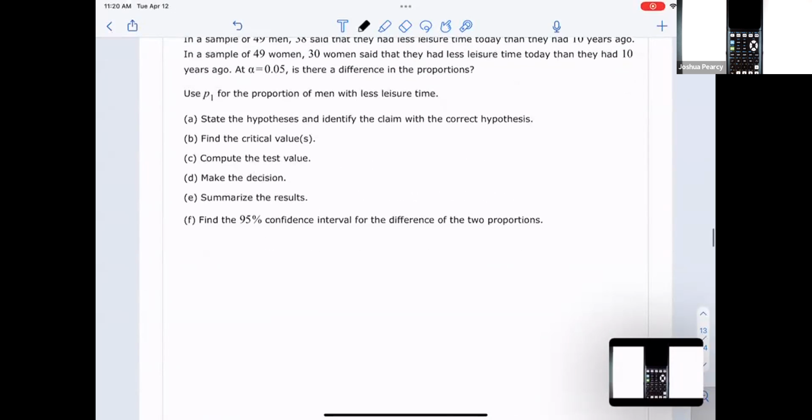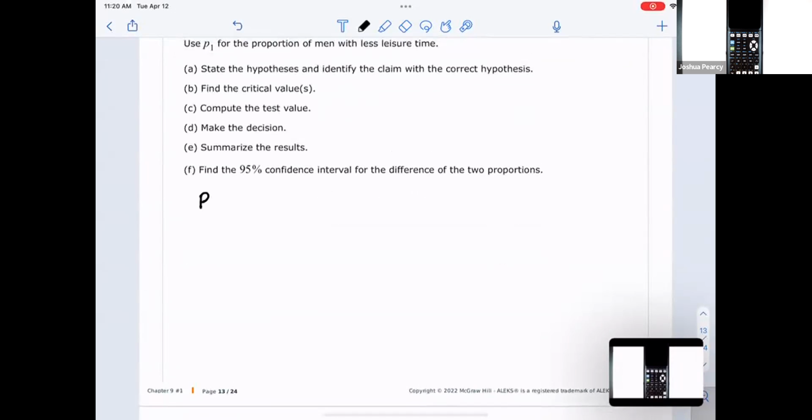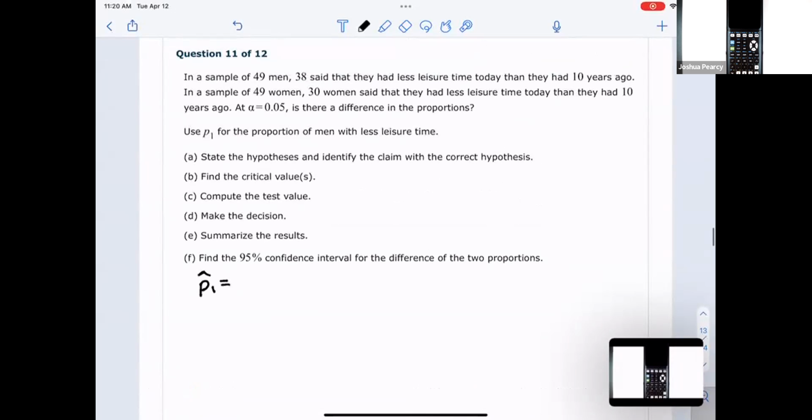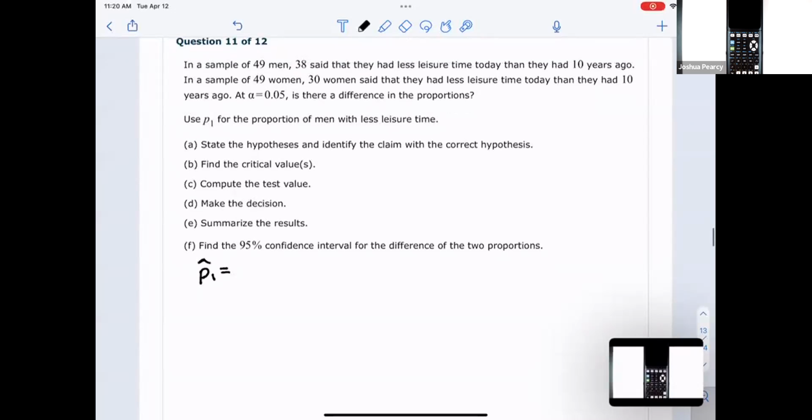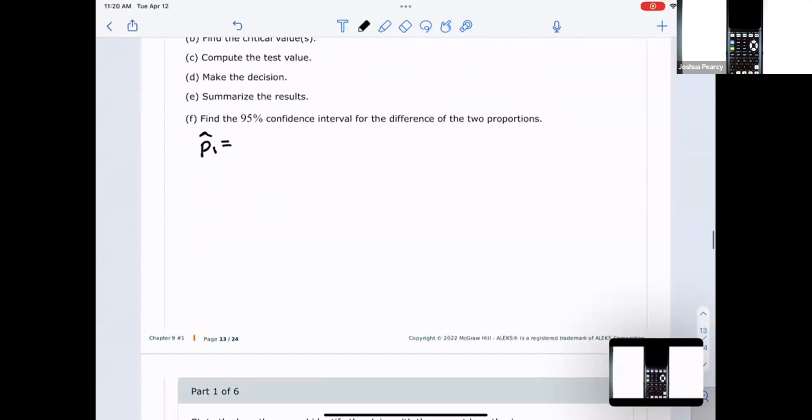So P1 hat is going to represent, let's do the first group as the men, the sample proportion of men who had less leisure time today than they did 10 years ago. And 38 said they did out of the 49 total, so 38 out of 49.